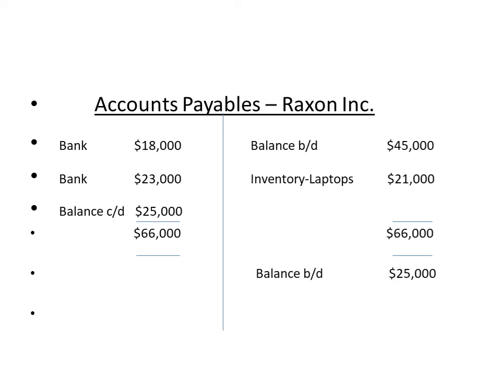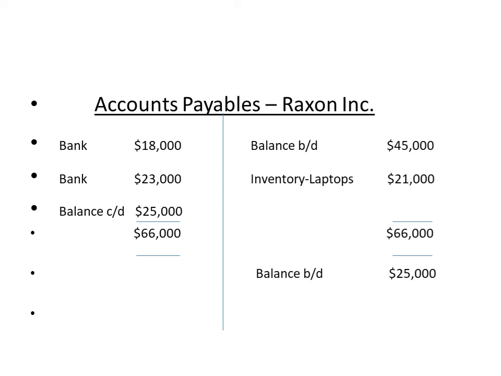So the first step was to draw two parallel lines on the credit side and write the total, $66,000. And then the next step was to draw two parallel lines on the debit side of the account and copy the total, $66,000 there, and then add up the figures in the debit column, that is 18,000 and 23,000. That adds up to 41,000, and then take the difference between 41,000 and $66,000.